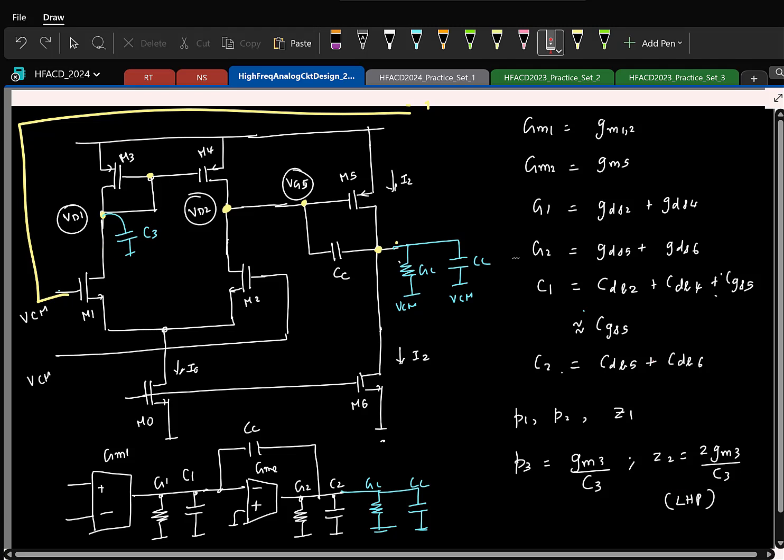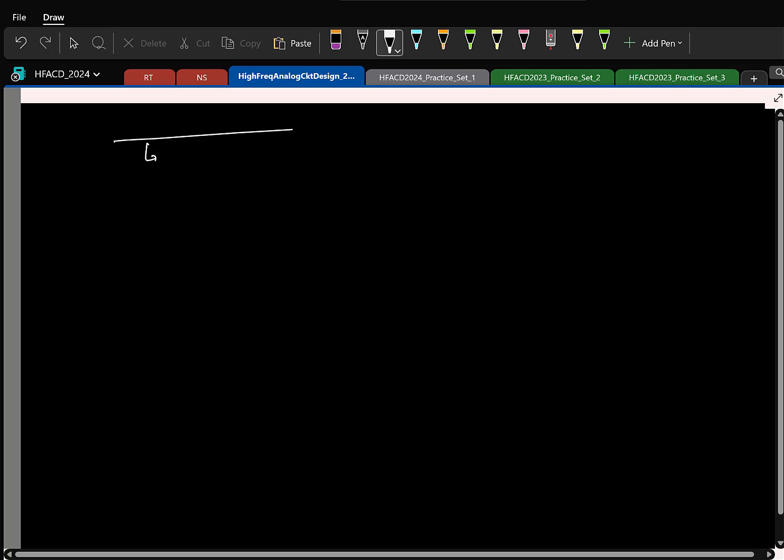If you recollect, the 0 from this was at twice this non-dominant pole. That was the pole that was getting cancelled. No, that is a different thing, right? You had an extra pole here that was getting cancelled by a 0 in the differential mode. But here, if you recollect, in the 5 transistor OTA, I'll just roughly draw.